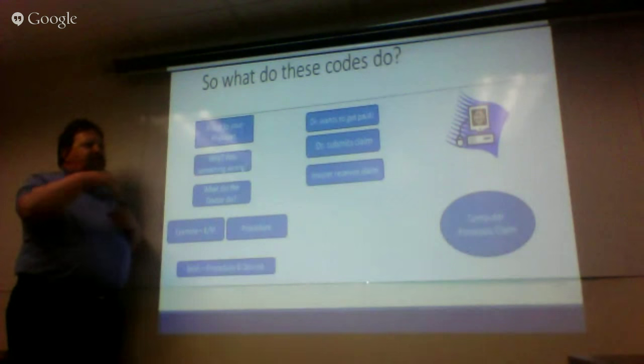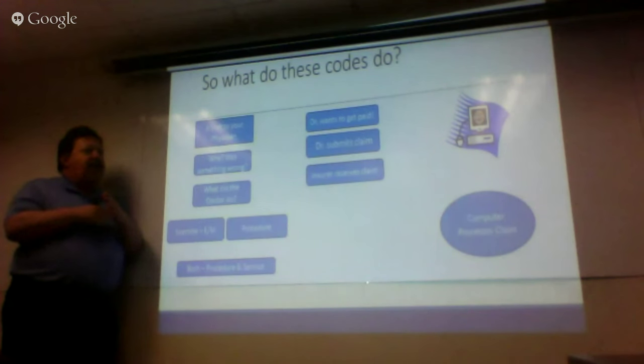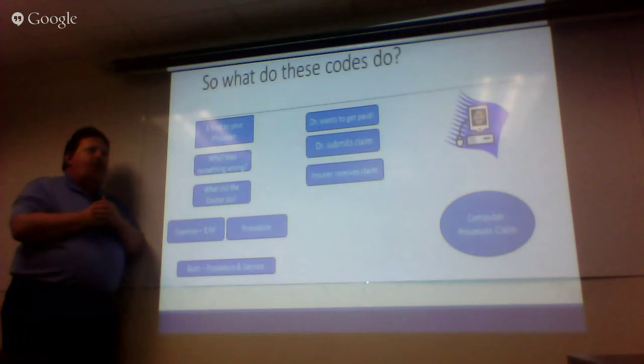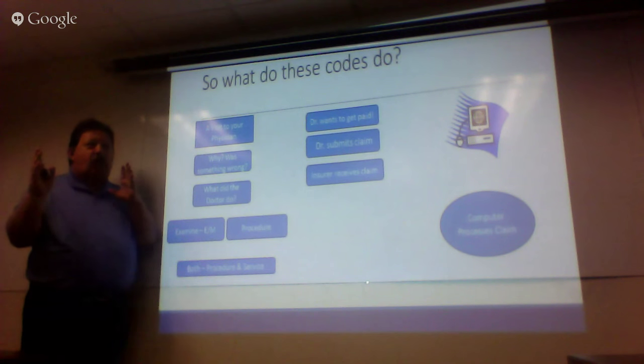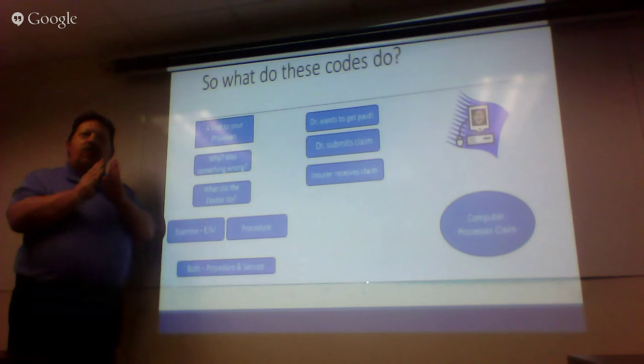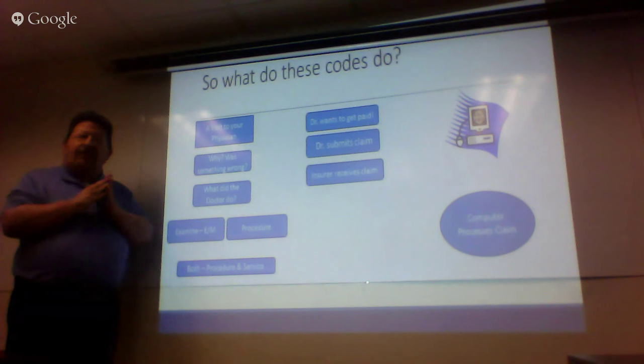Patient name, address, date of birth, insurance number, social security, and procedure codes and diagnosis codes. For the most part, your medical record gets condensed down to what the doctor wrote, transcribed, down into the small set of codes that coders apply to that, so it can be electronically transmitted.